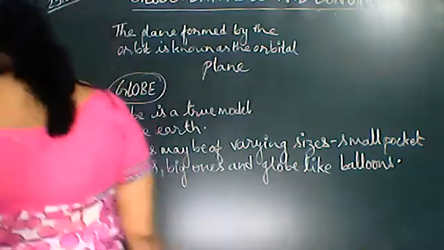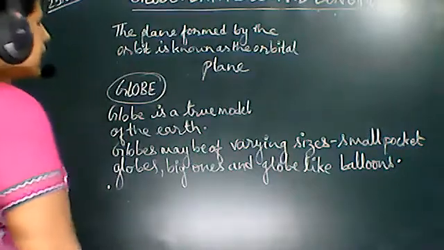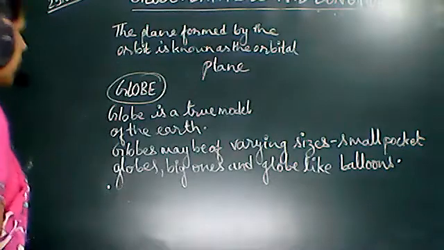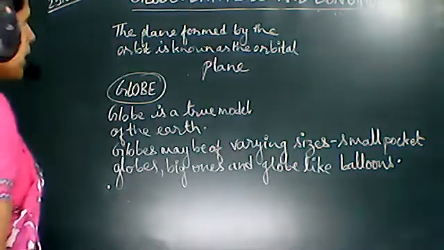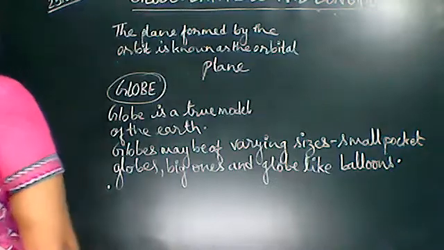So we see that globes are of varying sizes. Small pocket globes can be carried very easily from one place to another. We can keep them in our pocket and move from one place to another. Then there are the big ones and globe-like balloons, which can be inflated and are handy and carried with ease.